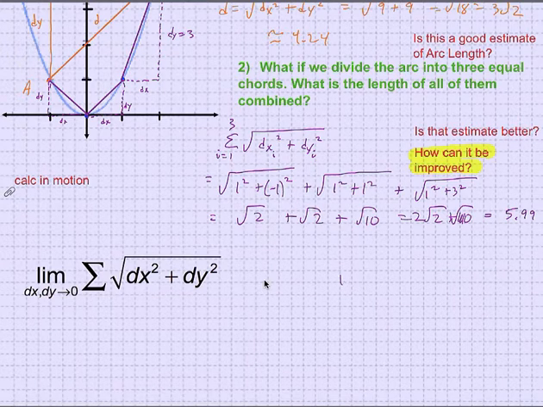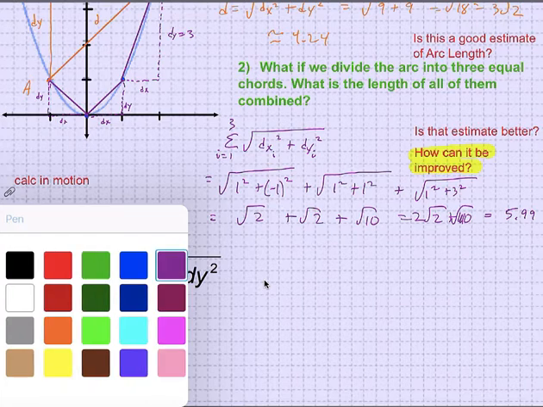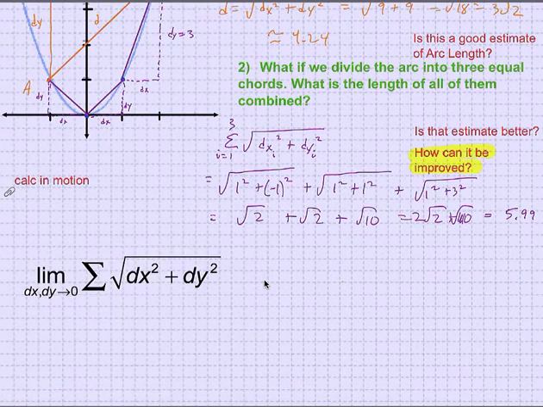So I'm going to do this part on the side here. I'm going to take the square root of dx squared plus dy squared, and I'm going to factor out a dx squared, still inside the radical. And that's a weird thing to say, because how do you factor dx squared out of a dy squared if there is no dx squared in that term to begin with?